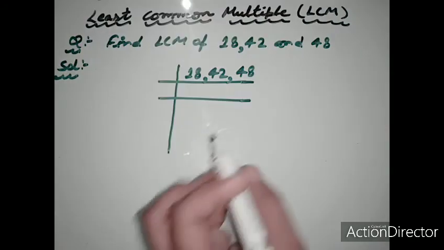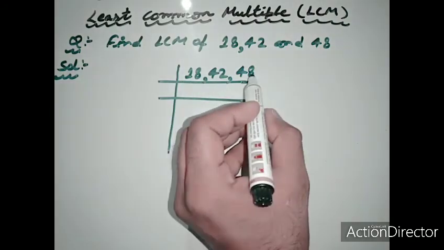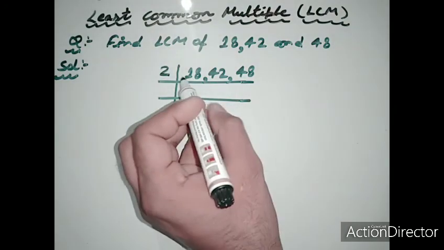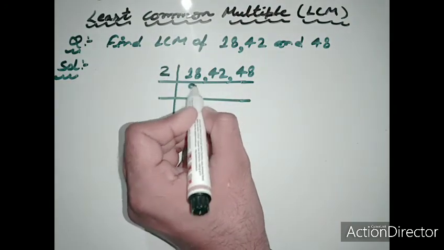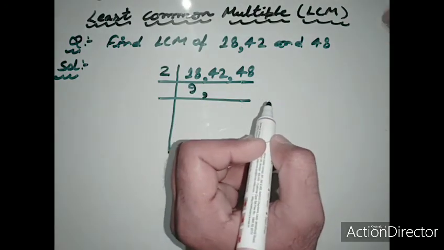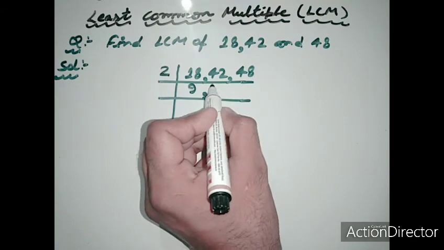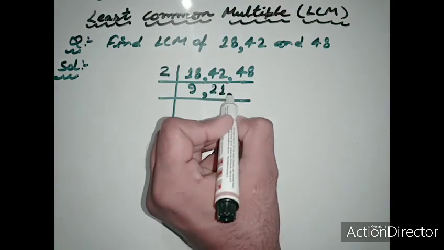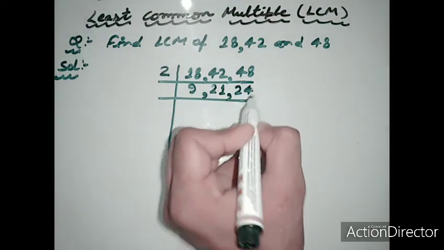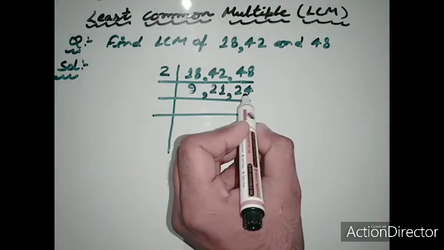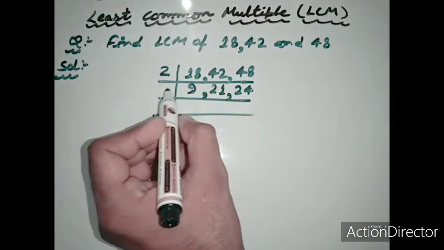Now students, first start dividing these all 3 numbers by 2, because these all numbers are divisible by 2. So 2 9s are 18, then 2 2s are 4, 2 1s are 2, 2 2s are 4 and 2 4s are 8. Now again divide by 2, because this 24 is divisible by 2, right?